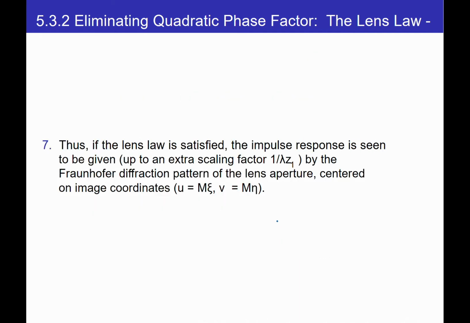Thus, if the lens law is satisfied, the impulse response is seen to give, up to an extra scaling factor of 1 over lambda z1, the Fraunhofer diffraction pattern of the lens aperture centered on image coordinate u equal to m psi, v equal to m eta.